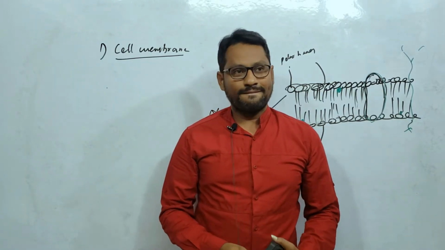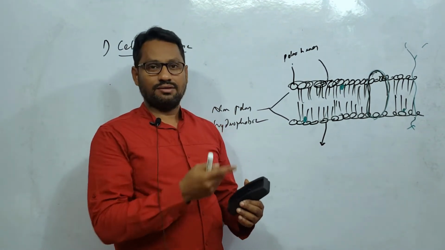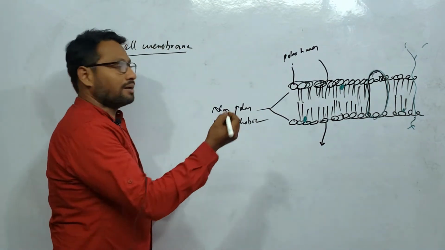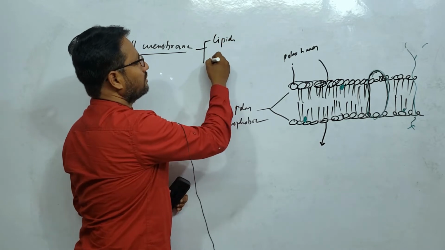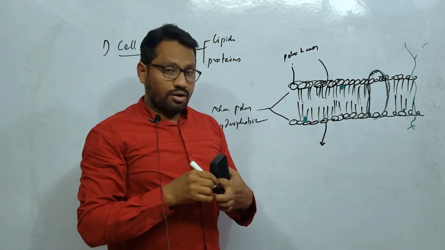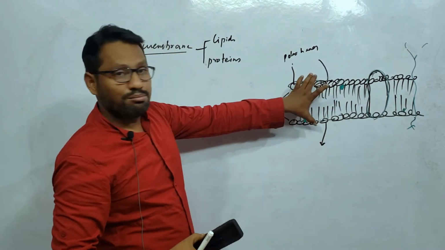Cell membrane is the covering of the cell which protects the cell from external factors. Cell membrane is mainly composed of lipids and proteins. The major lipids are phospholipids which are arranged in a bilayer fashion.